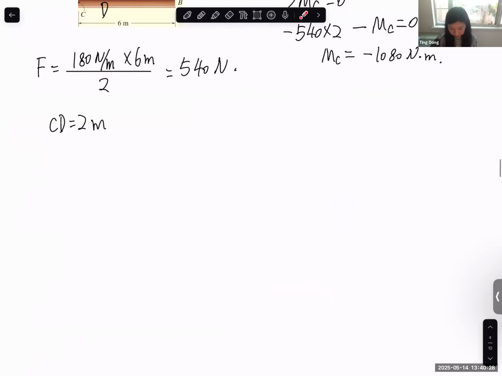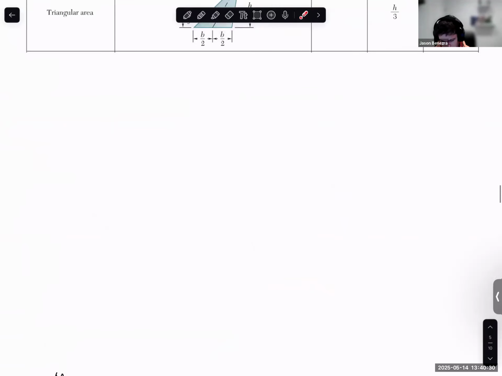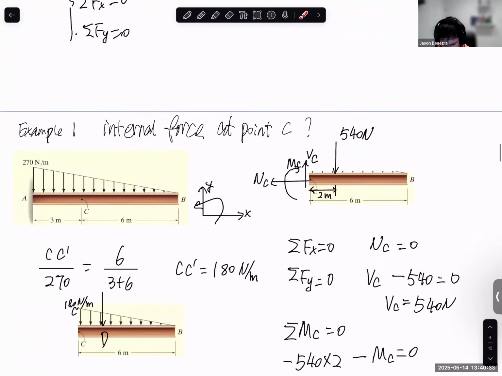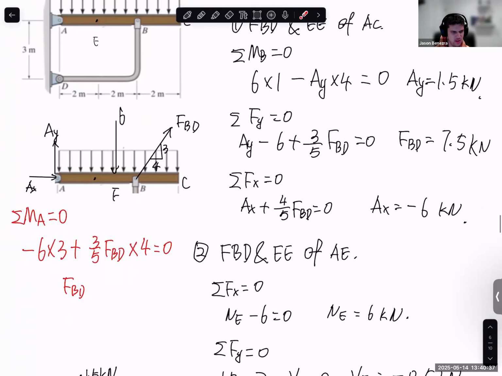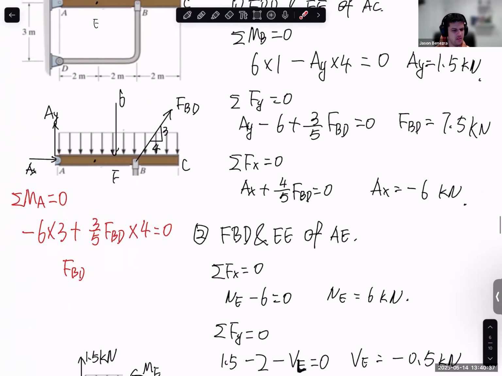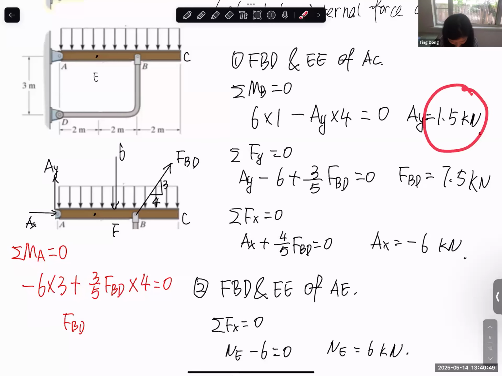Any other question? Yeah, since AY is in the positive direction, how come when we calculate the moment about E, we assume it to be negative? Like we use negative 1.5 for the moment about E, but AY is positive. Yes, AY is positive.